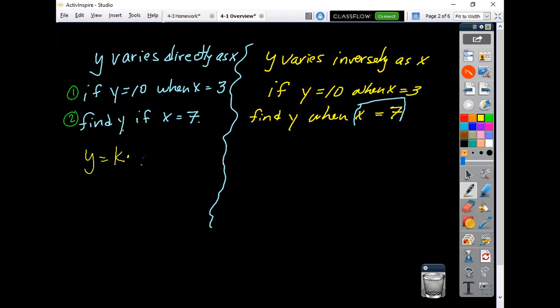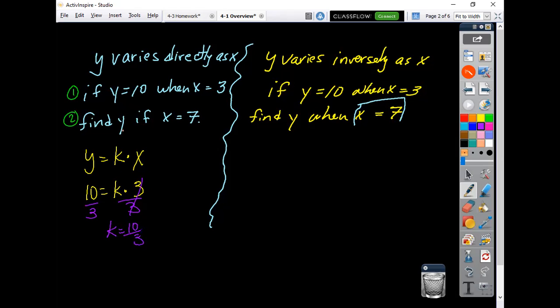As x goes up, y goes up. So if y is 10 when x is 3, we divide both sides by 3, so that k is 10/3.